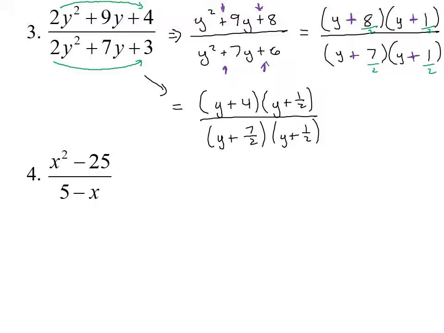Notice the y plus 1/2 cancel. And if we did factor it and we ended up with a fraction, we move that fraction back in front of the variable. And so I would say that my answer is y plus 4 over 2y plus 7.